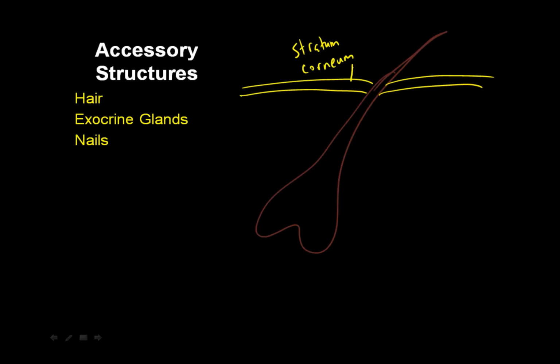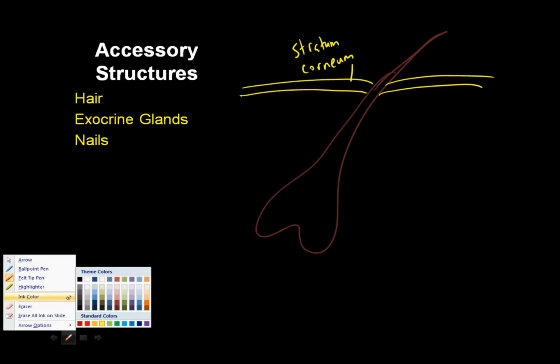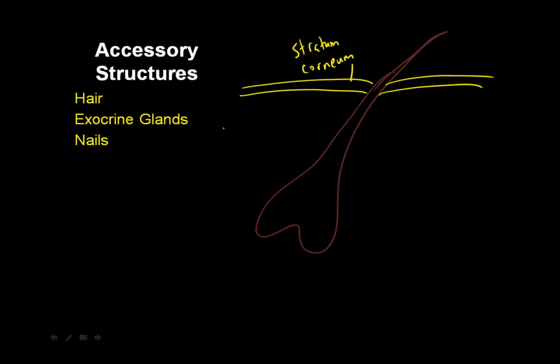Okay, and then below that will be the rest of the epidermis, which forms some of the hair follicle. Okay, so this is the rest of the epidermis, which remember includes the stratum corneum, of course, but that's the rest of it.